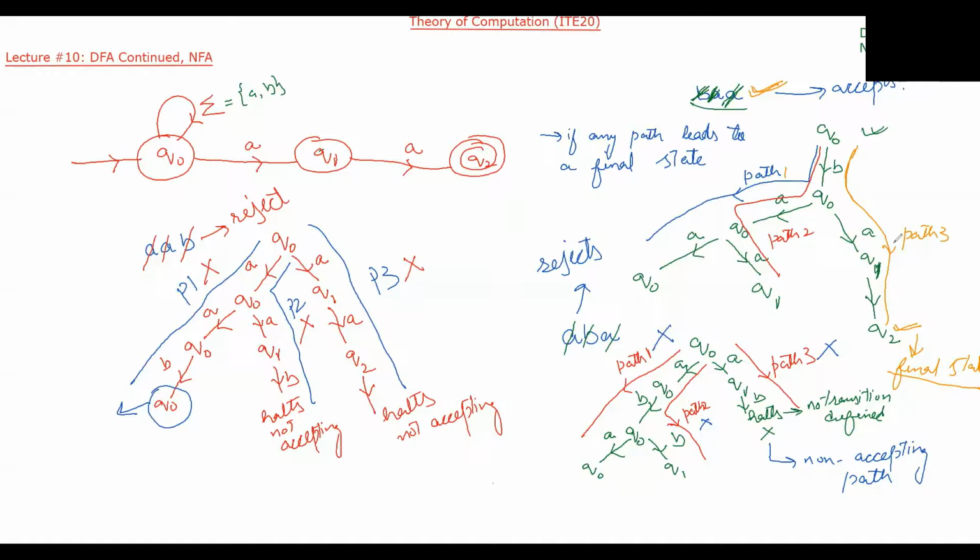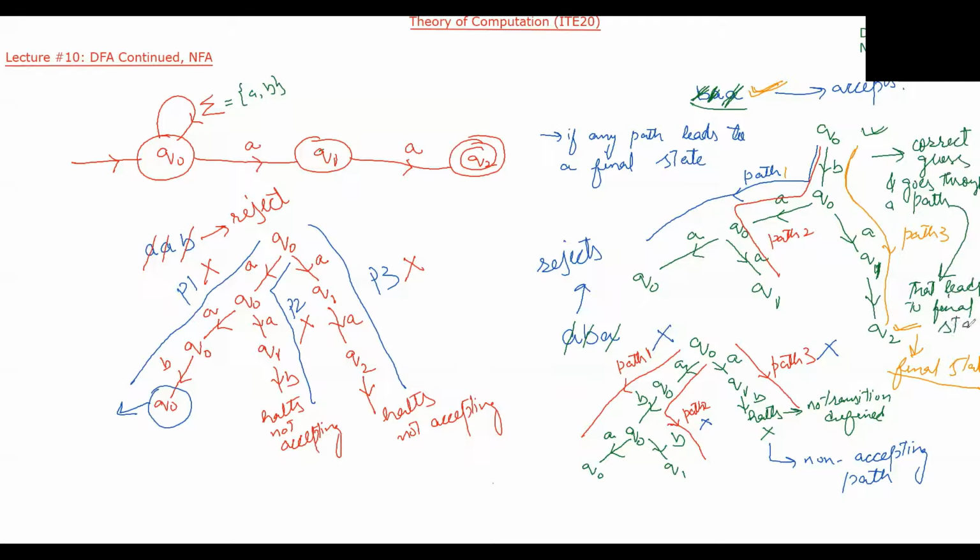So if there is a path that leads to a final state, we will say that our finite automata always makes a correct guess. So it always makes a correct guess and goes through a path that leads to a final state.